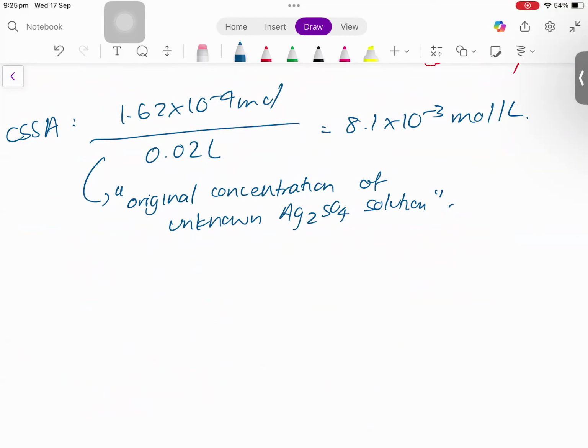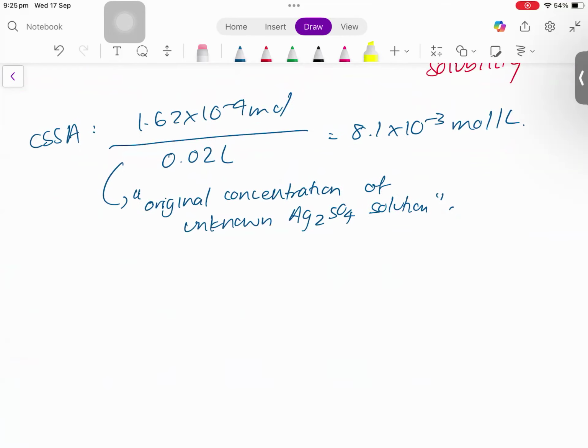The other way of thinking about it is this. Guys, the concentration that they've calculated, listen carefully to this part. They've got the total amount of sulfate dissolved in the total volume of the sulfate solution, because 20 mL is the volume of just the sulfate.